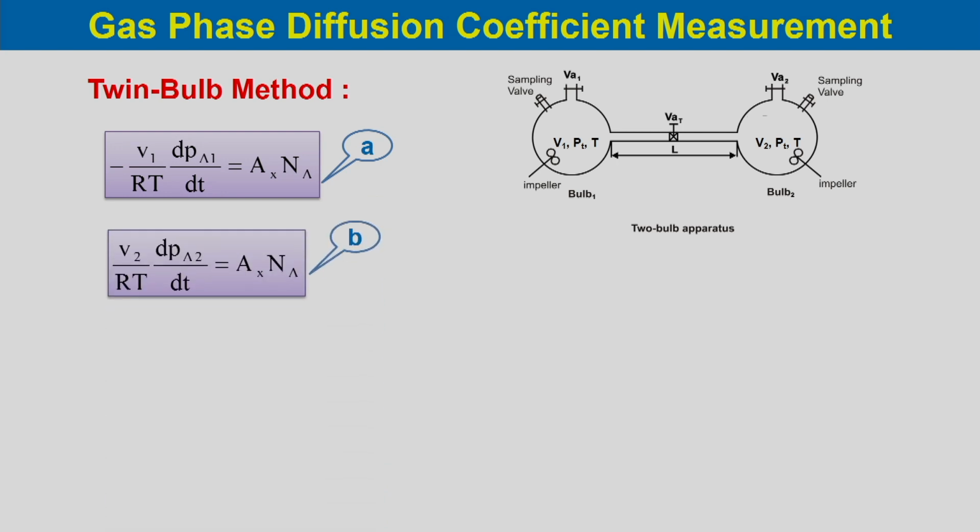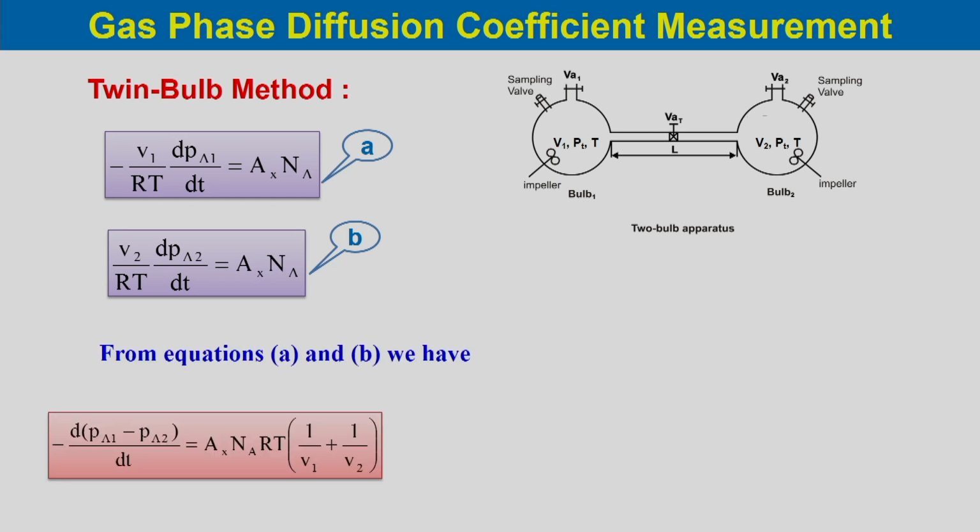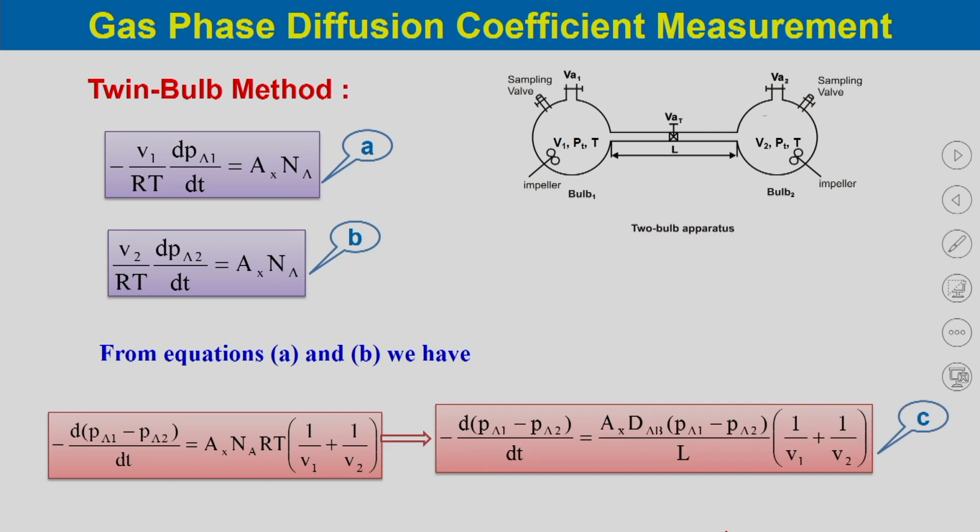Now, from these two equations we can write minus d(PA1 minus PA2) divided by dt would be equal to Ax NA RT into (1 by V1 plus 1 by V2). If we rearrange, minus d(PA1 minus PA2) divided by dt would be equal to Ax DAB (PA1 minus PA2) by L into (1 by V1 plus 1 by V2).